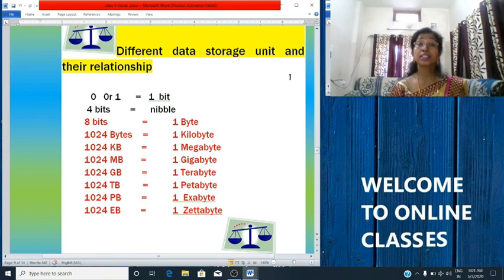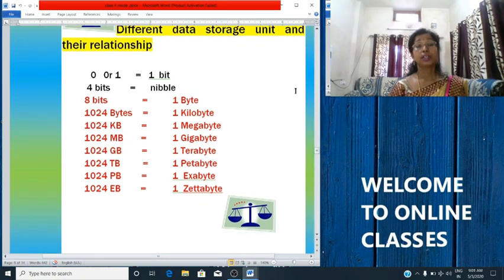1024 terabytes is equal to 1 petabyte. Now, what is 1024 petabytes? It is called 1 exabyte. 1024 exabytes is equal to 1 zettabyte.